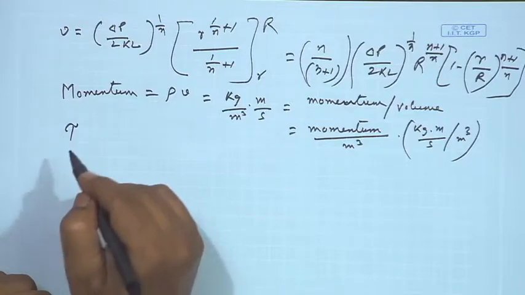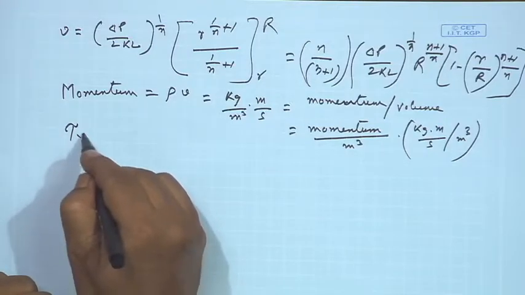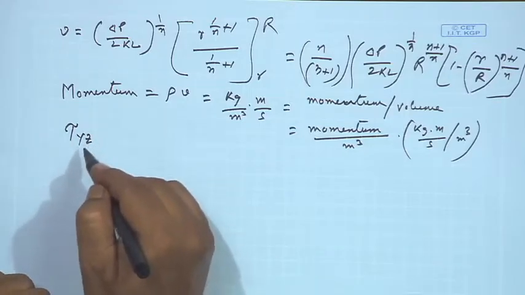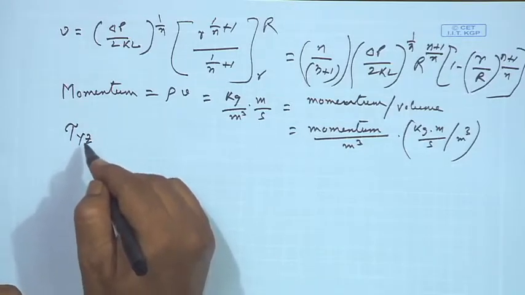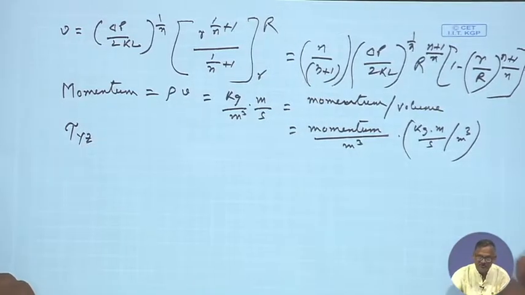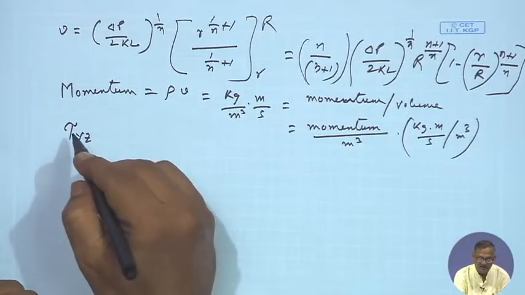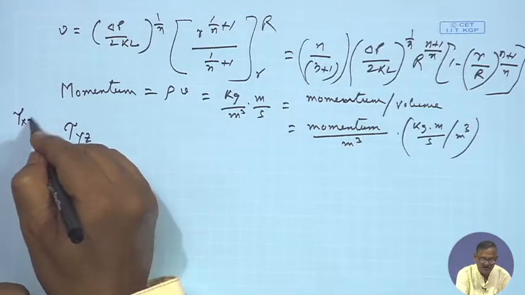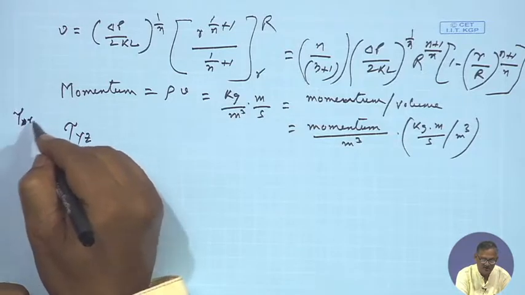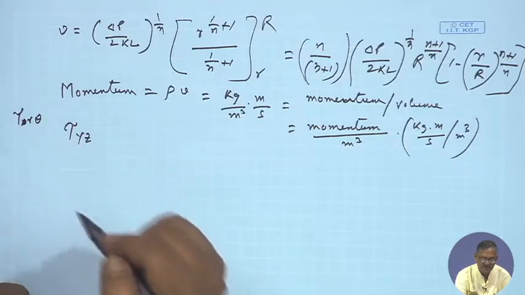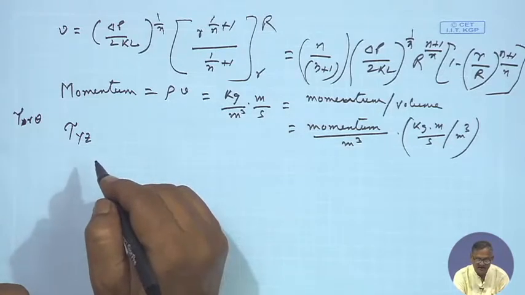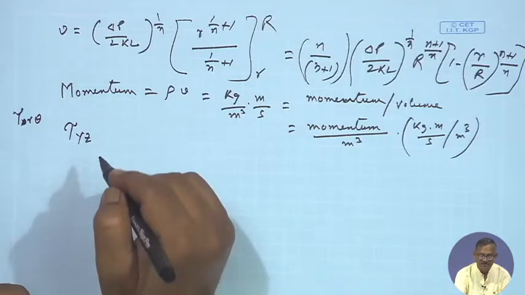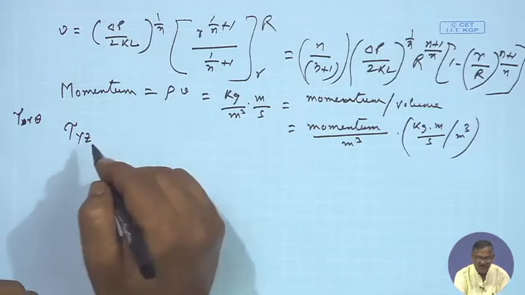Now, this is also a recapitulation: shear stress, when we write with the two planes, two dimensions, there are two coordinates, that is tau yz or tau xr or rather r theta, depending on the coordinate system you are employing.